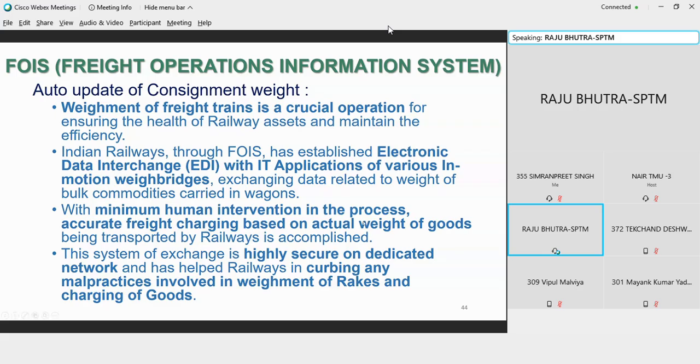So there is minimum human intervention in the process, and accurate freight charging based on the actual weight of goods being transported by railways is accomplished. This system of exchange is highly secure on a dedicated network and helps railways in curbing any malpractices involved in payment of rates and charging.